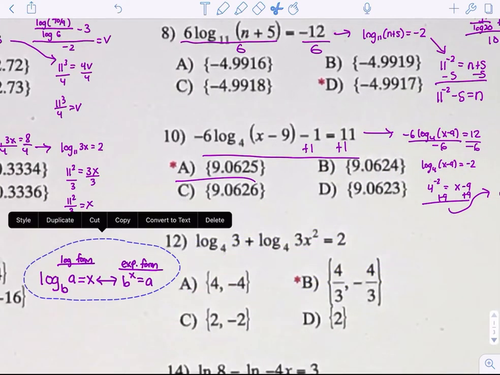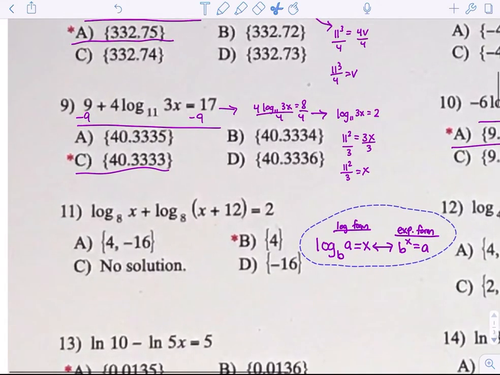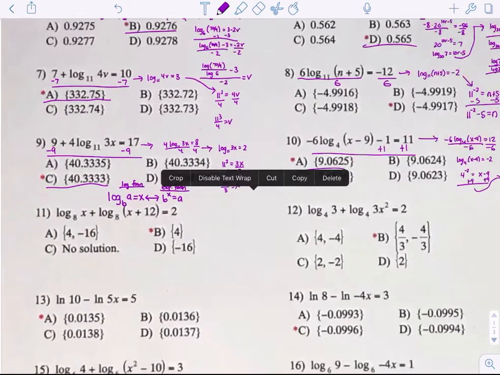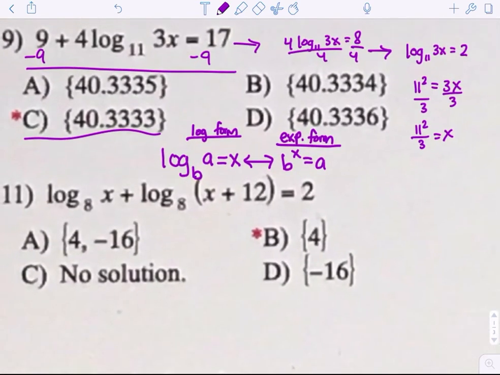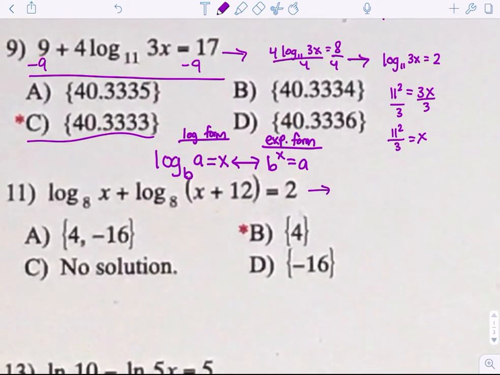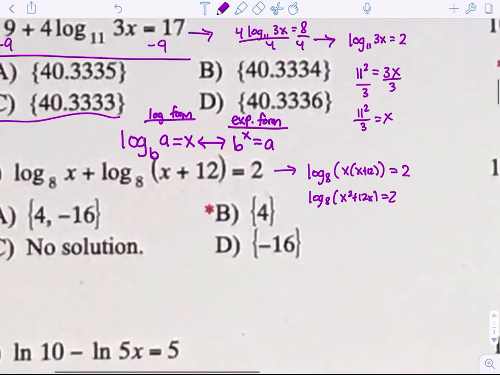Alright, number 11. So we have a log and there's a plus, which means this is the product rule. So log base 8 of x times x plus 12 is equal to 2. So log base 8 of x squared plus 12x is equal to 2. Now change log form to exponential form. 8 to the second is equal to x squared plus 12x. So 64 equals x squared plus 12x.